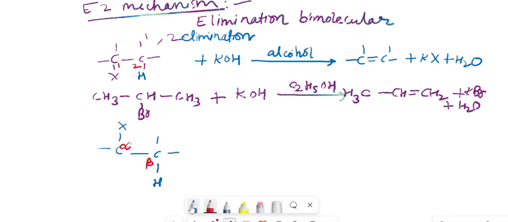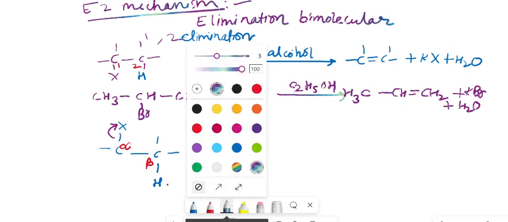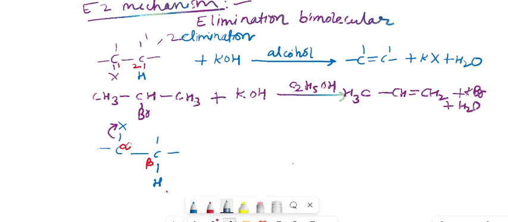The electrons are abstracted by the halogen, which is the leaving group, and then hydrogen comes in contact with the base, which supplies its electrons to the hydrogen, and from this bond electrons are given to the carbon-carbon. The single bond is converted to the carbon-carbon double bond.